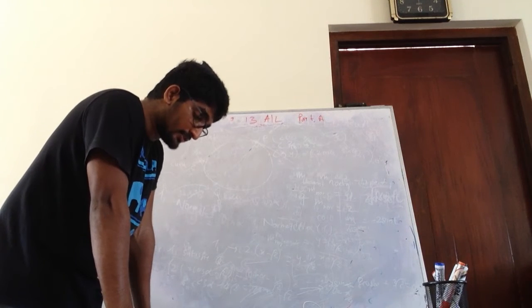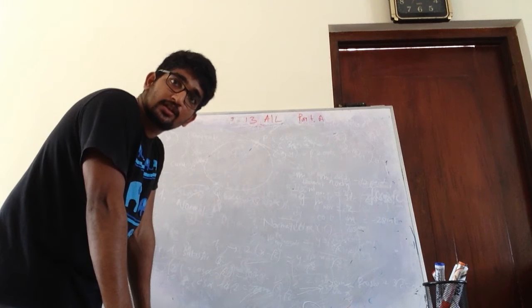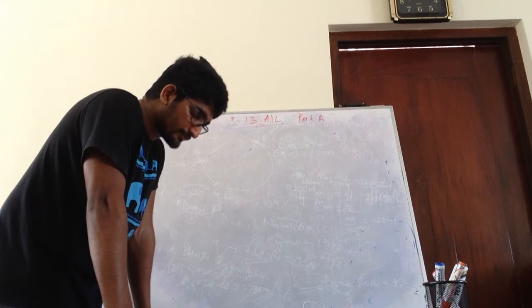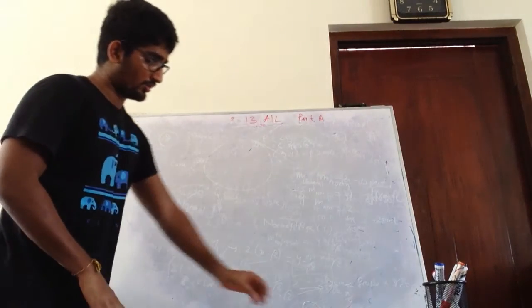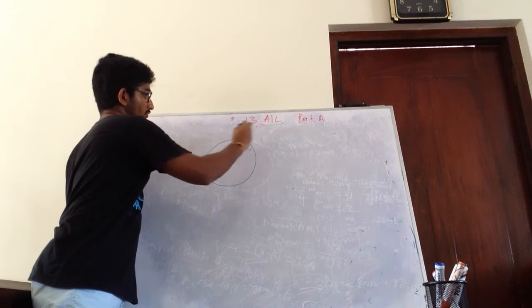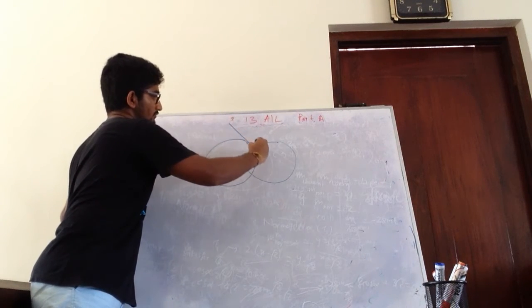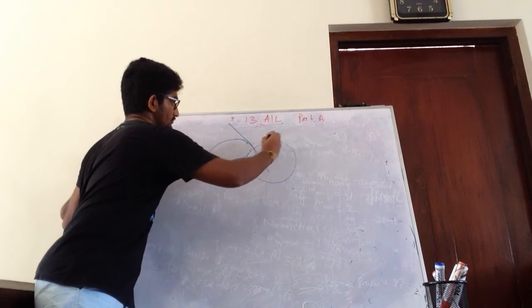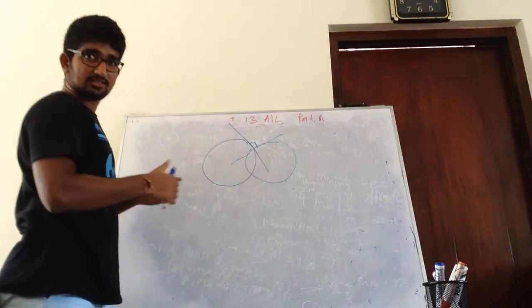So there's a second circle given, orthogonal, right? So if it's intersected orthogonally, then you all should know a theorem. This is just reminding.